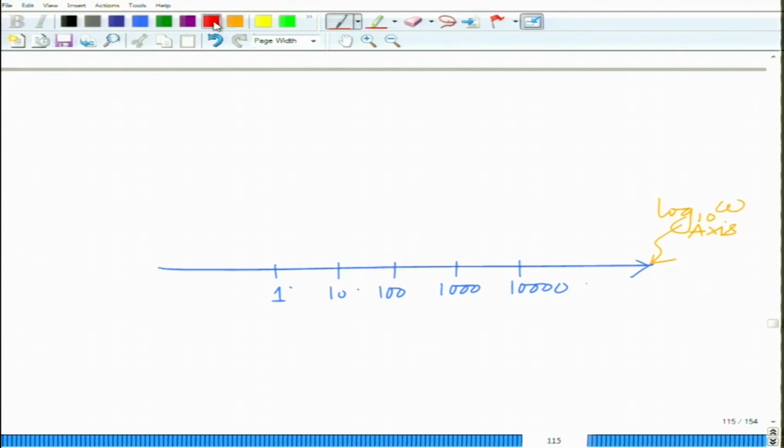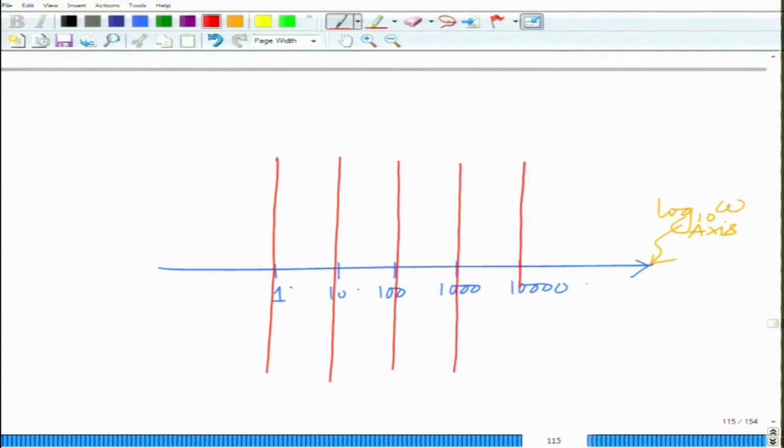Okay. And here we are going to have the vertical lines, and the horizontal lines will be the dB values.